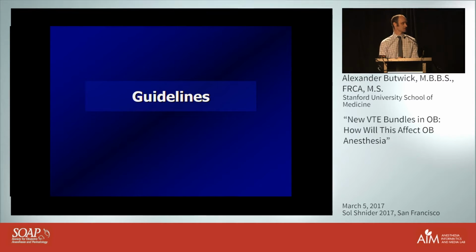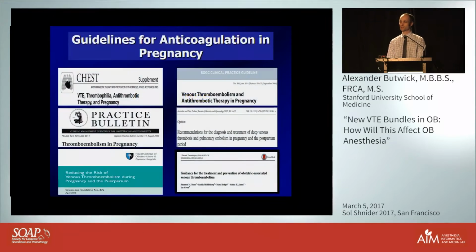And therefore, they have published over the years a series of guidelines to help provide providers with information about how to better prevent and treat patients against having VTE and morbidity associated with VTE. And what you can see here on the slide are front pages from various sets of guidelines from national societies. So if we go from sort of anti-clockwise, the CHEST guidelines come out from the American College of Chest Physicians. The practice bulletin is the header from the American College of OBGYN.